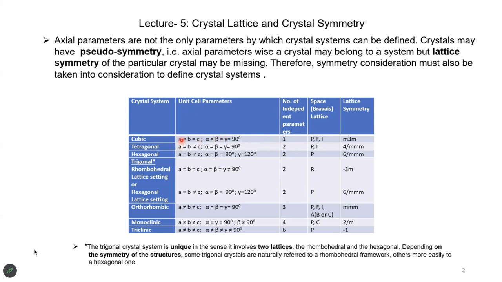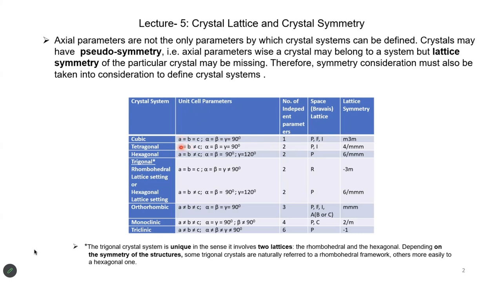You see, a equals b, b equals c, alpha equals beta equals gamma equals 90 degrees. This is a fixed value. But here we get only one value, that is a. Once a is determined, b and c are the same. Therefore, we say the cubic cell has only one independent parameter.